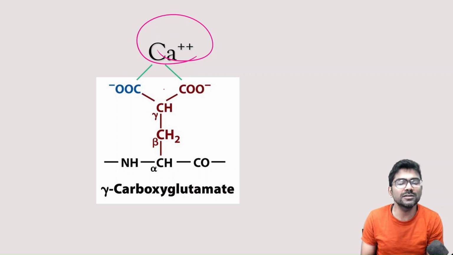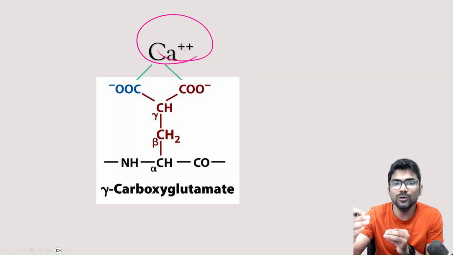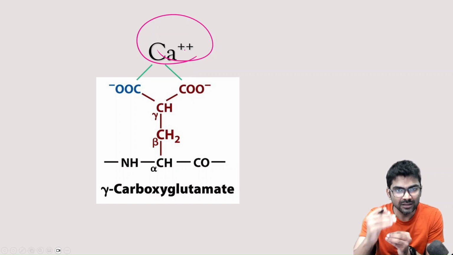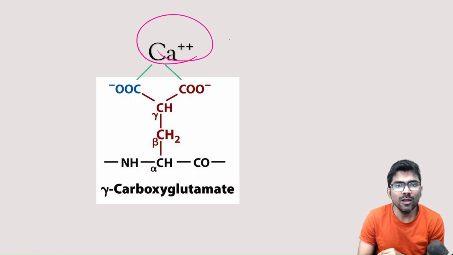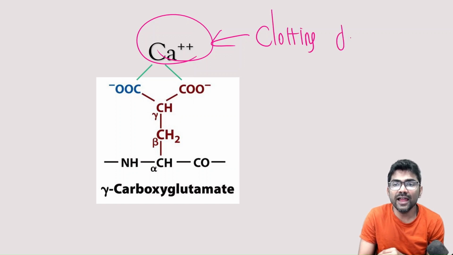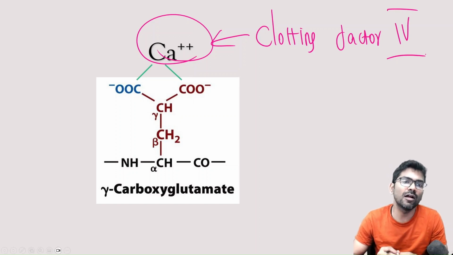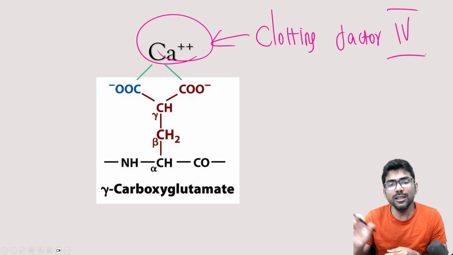So during the process of clotting, this helps in attachment to the phospholipid layer, right? What is calcium? Calcium is nothing but clotting factor 4, right? So it's important for blood clotting.